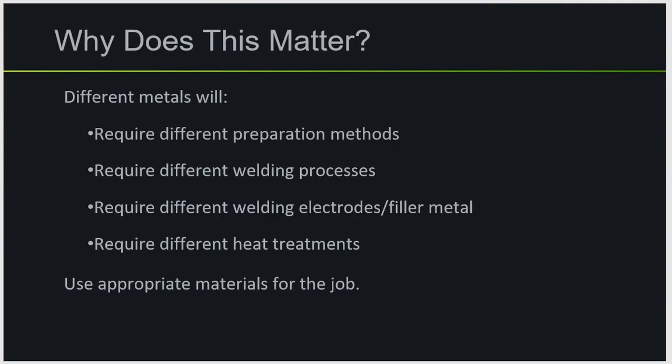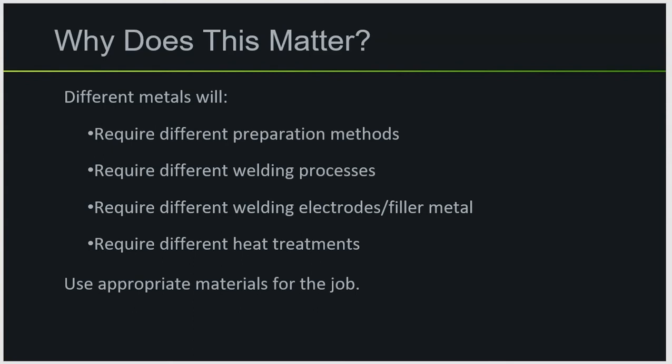So why does this all matter again? Well, depending on the metal that you have and the job that you're supposed to do, it's going to require a lot of different things. It might require different ways to prepare the material: different types of bevel, maybe different joints, different welding positions.